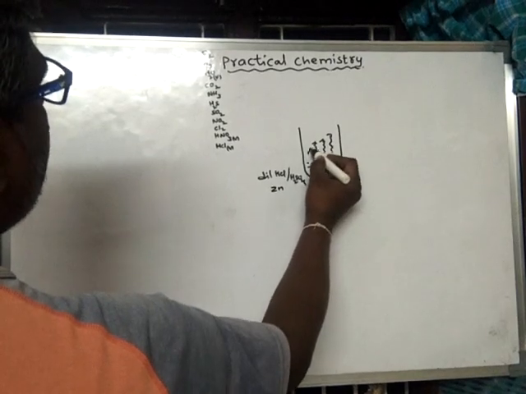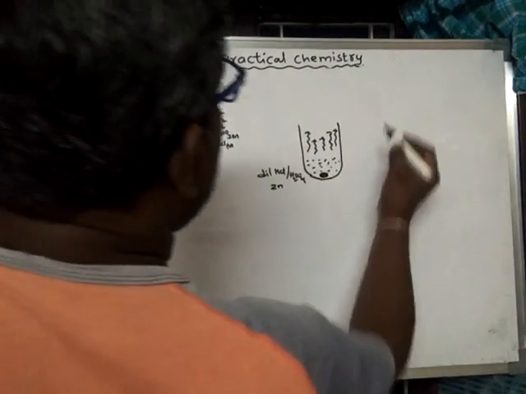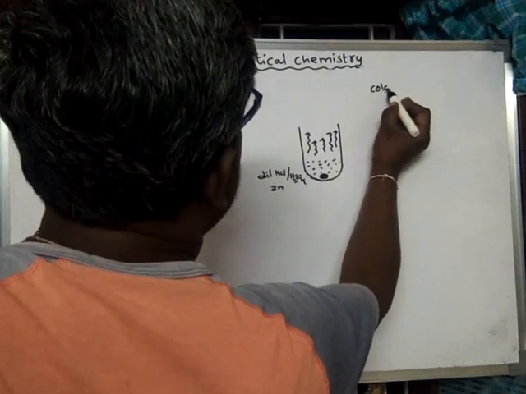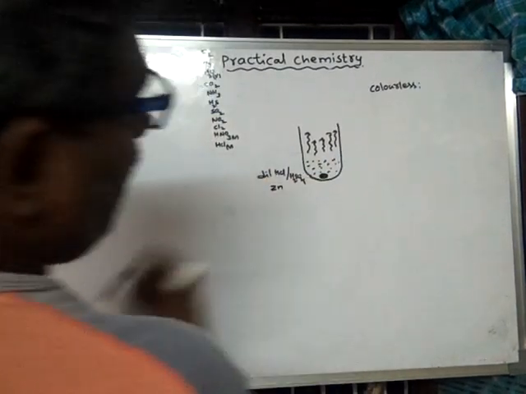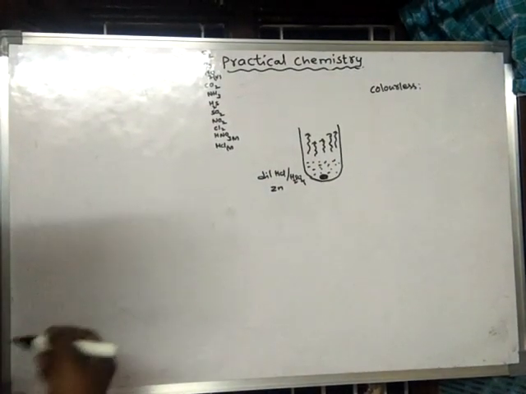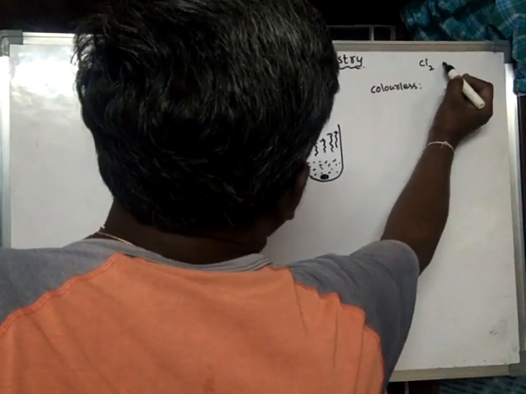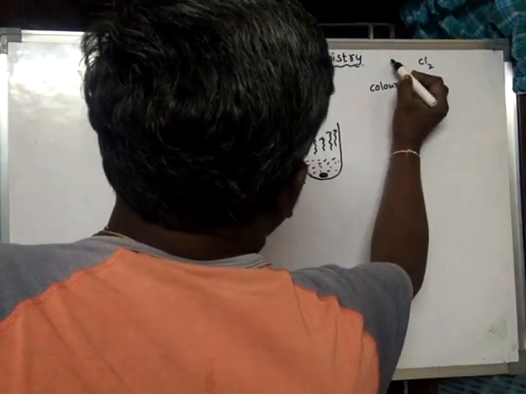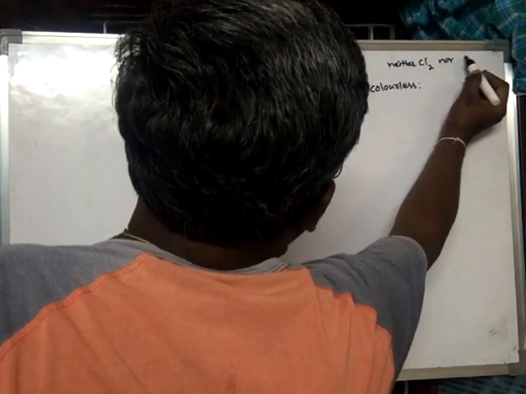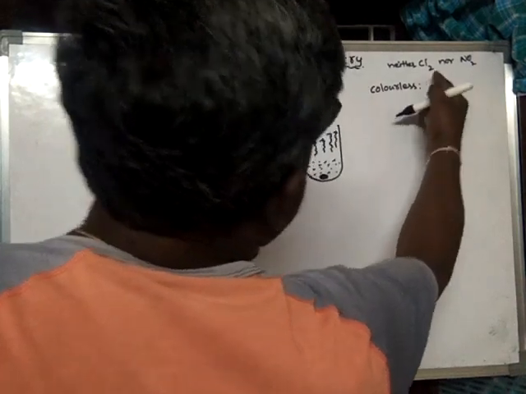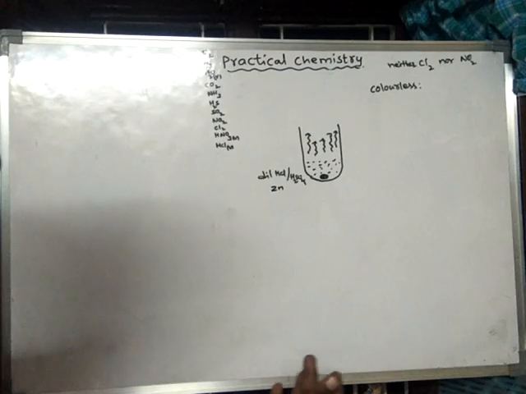I don't know what gas this is, but the gas is colorless. As it is colorless, I can come to the conclusion that this gas is neither chlorine nor NO2, because the color of chlorine is greenish yellow and the color of NO2 is reddish brown.